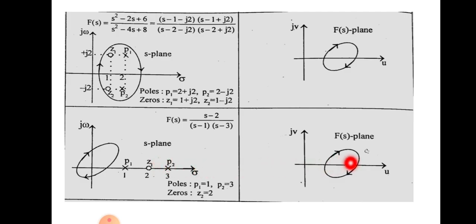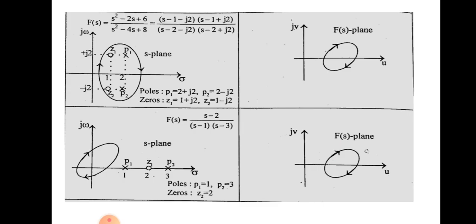The corresponding f of S-plane contour is shown here, and it moves in the clockwise direction, and you can see that there is no encirclement of the origin by this f of s plane. So if the s plane closed contour does not enclose any pole or zero, then the corresponding contour in the f of s plane will not encircle the origin of the f of s plane.